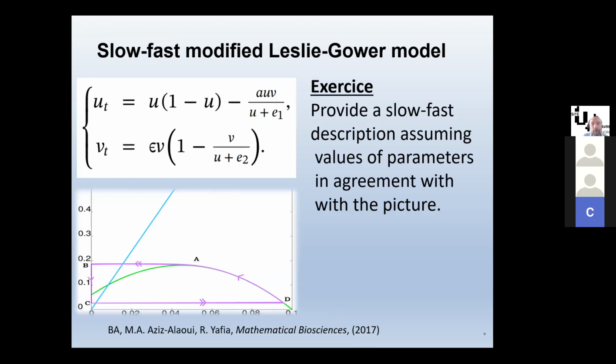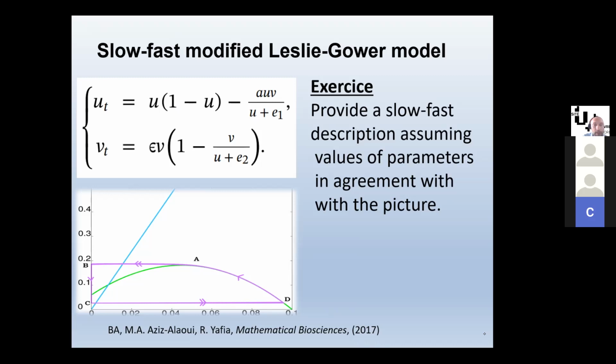So this time, FitzHugh-Nagumo comes from neuroscience, right? Now, you have here a kind of Leslie-Gower type equation. This E2 was added by my colleague Aziz Alawi and some of his co-authors, and so it's kind of a Leslie-Gower equation.